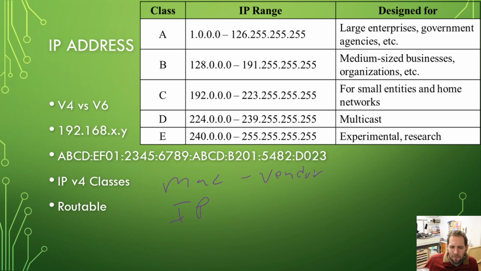So those MAC addresses are going to be all over the place when it comes to their numbers, which makes jumping from one device to another a bit harder, because you're like, where's that located? Is it local? Is it far away? So it's hard to group things together.